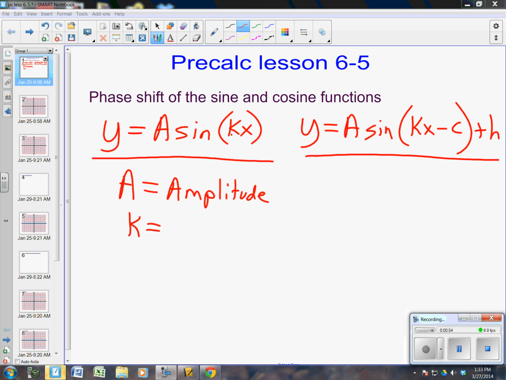Well, yeah, it has to do with period, doesn't it? It affects the period.